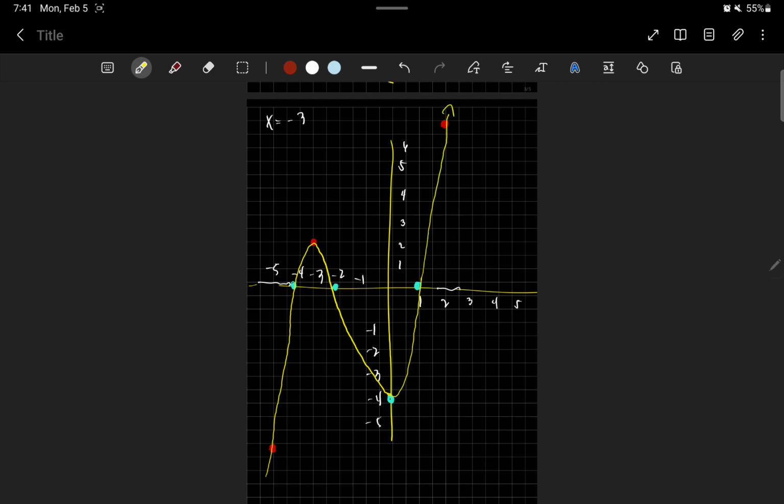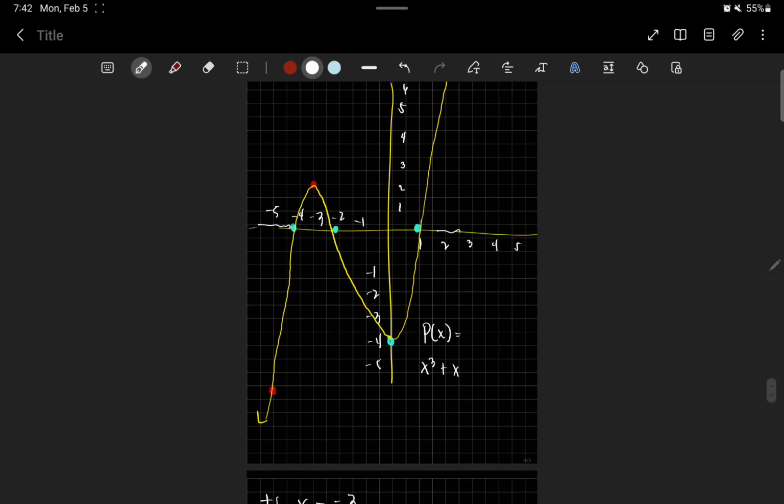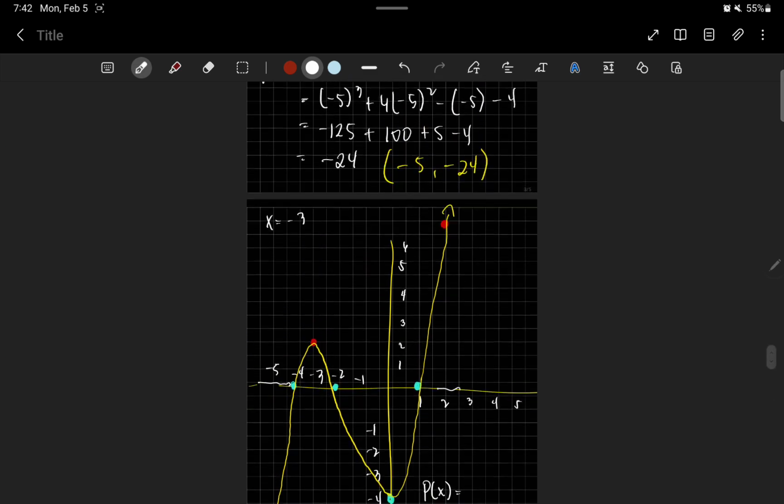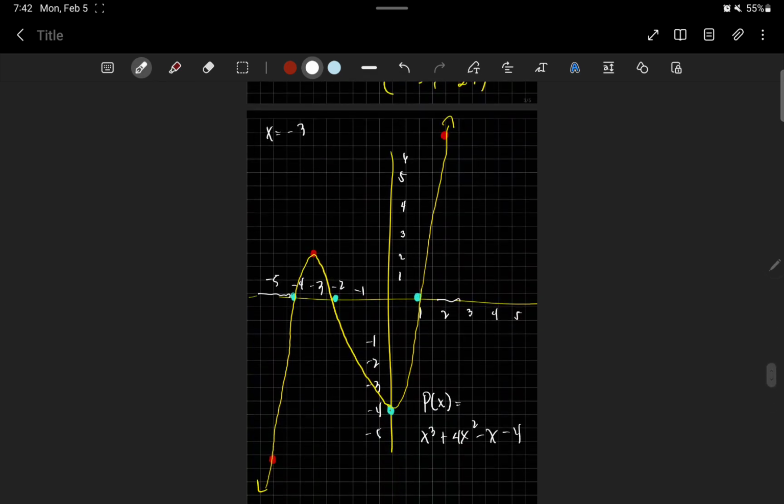And there, you now have the graph of a polynomial function. So this graph represents the p of x or f of x equal to x cubed plus 4x squared minus x minus 4.